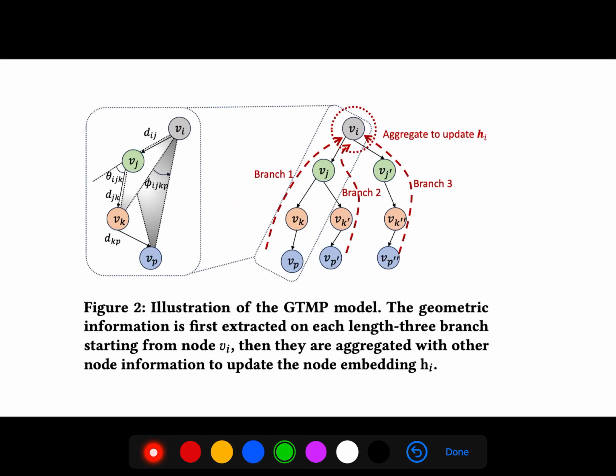For example, here we see 3 branches. They aggregate to update this node v sub i, so the representation of that, h sub i, is updated. And these angles, all of them are geometric features that we should encode, and they are encoded in that message passing, which has geometric features.